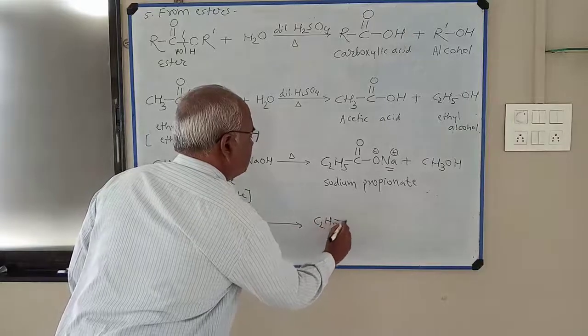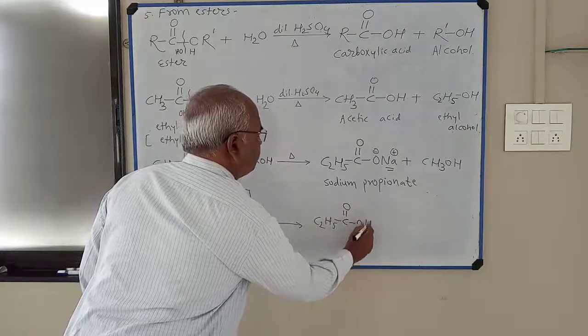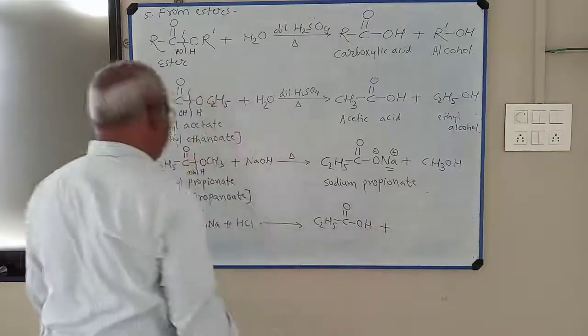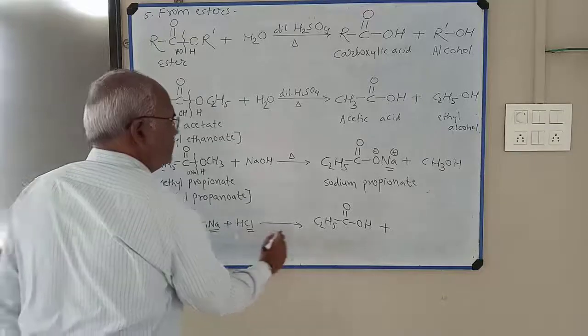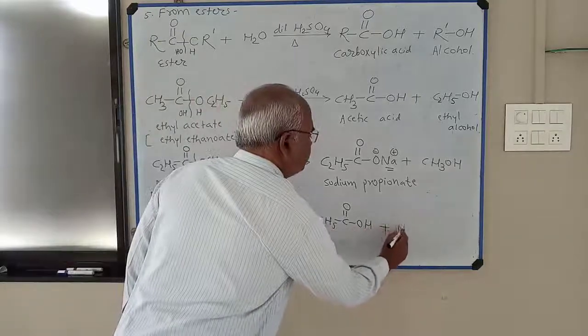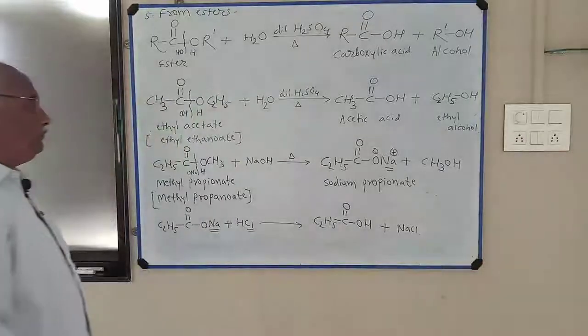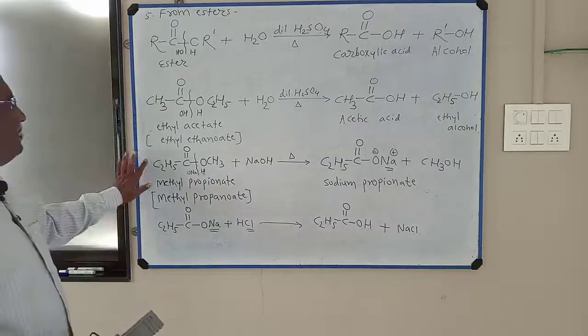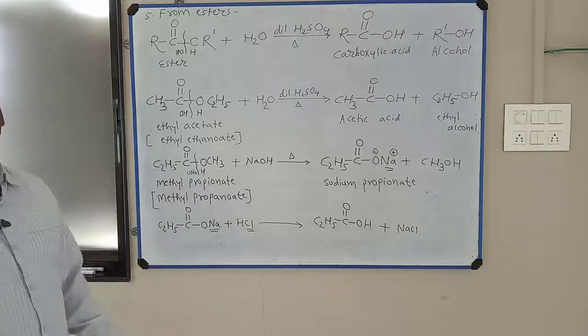Here we get C2H5, C double bond O, OH plus Na combines with Cl and NaCl is produced. So this is the example of alkaline hydrolysis of ester.